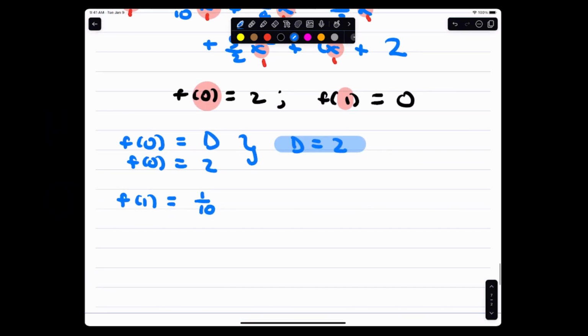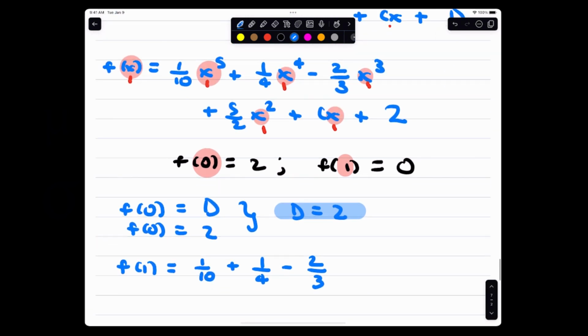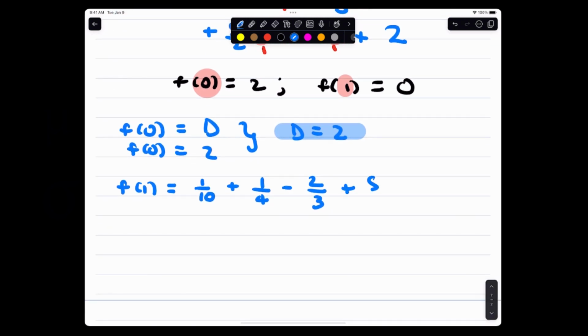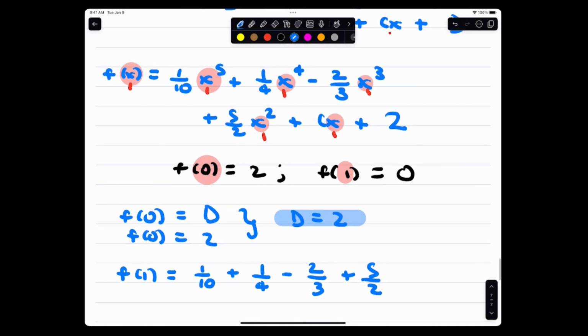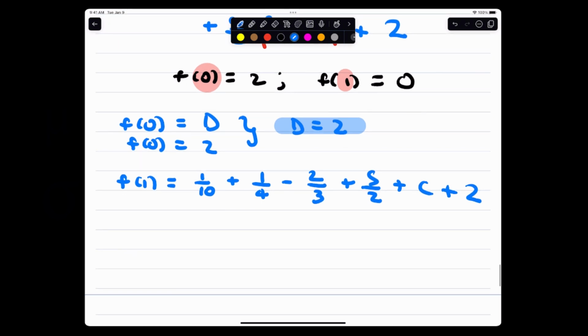1/10 plus 1/4 minus 2/3 plus 5/2 plus c plus 2. And remember, this thing equals 0, right?